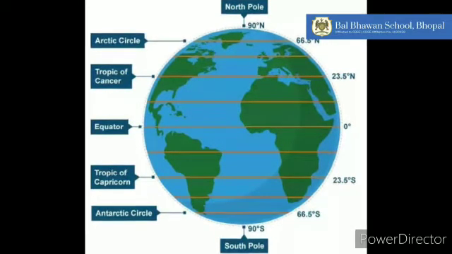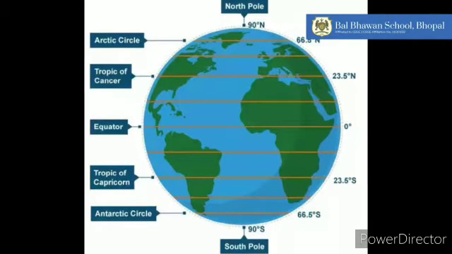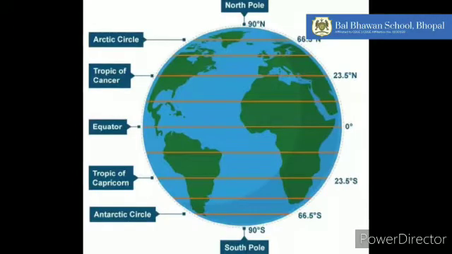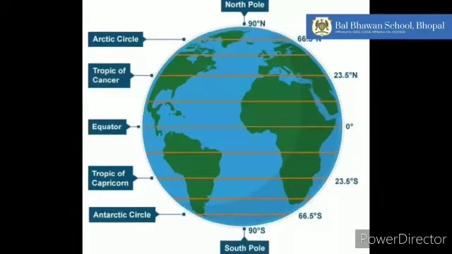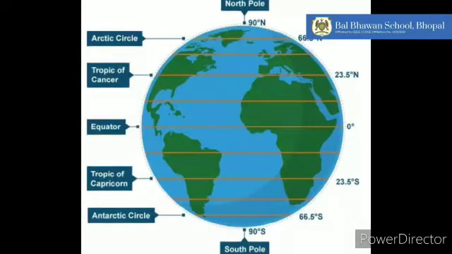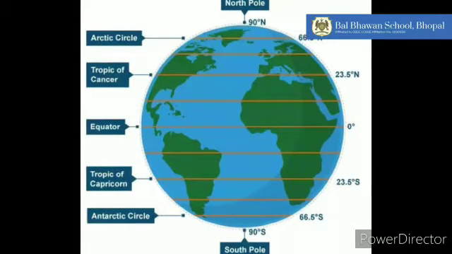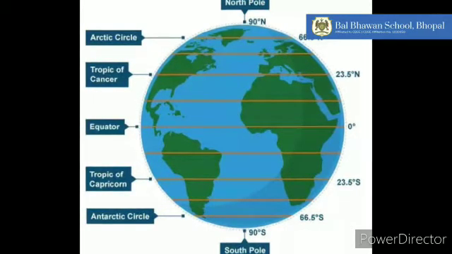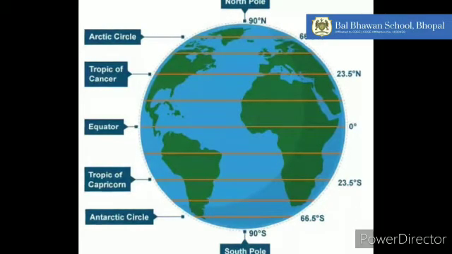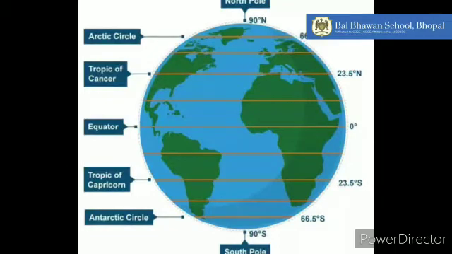And the south pole is marked as 90 degrees south. Now the north pole and the south pole are points. They are not lines. All of you please note this point, okay? Then the next two most important parallels are identified by the area in which they fall.